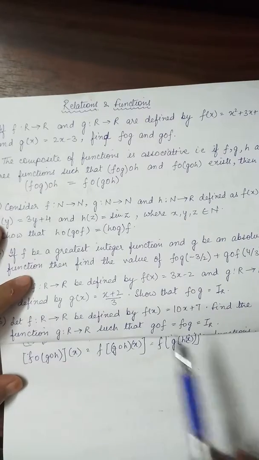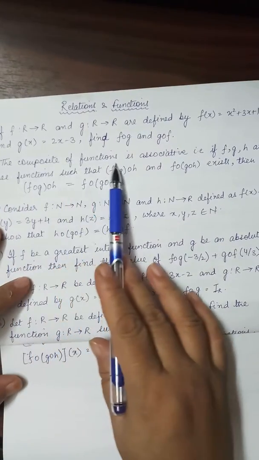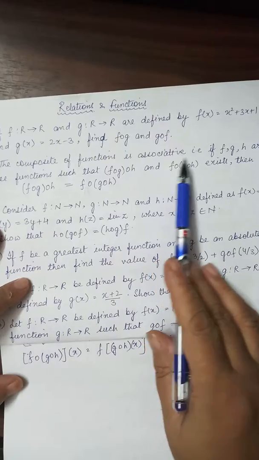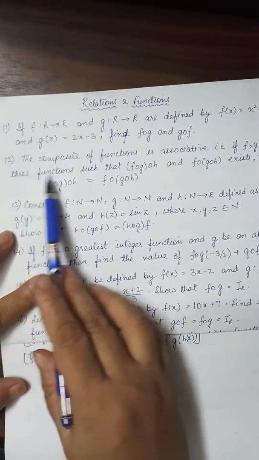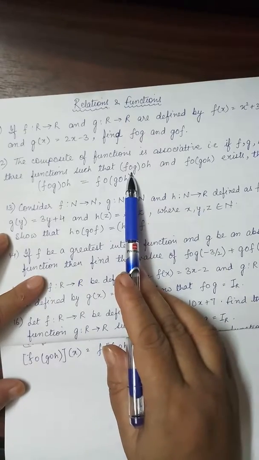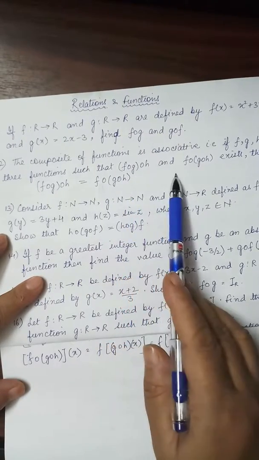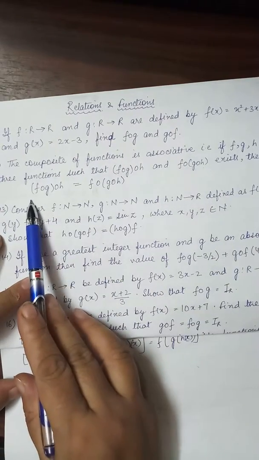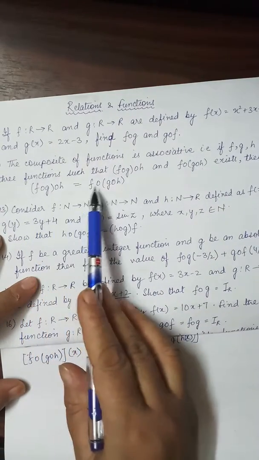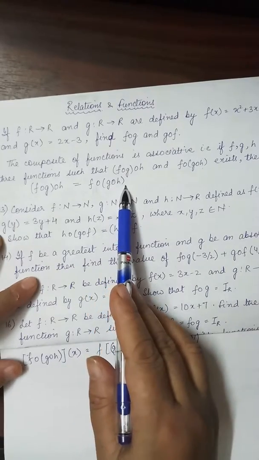Okay, now the next question is: the composite of functions is associative, that is, if f, g and h are three functions such that fog, goh and fogoh exist, then you have to prove that (fog)oh = fo(goh), right?